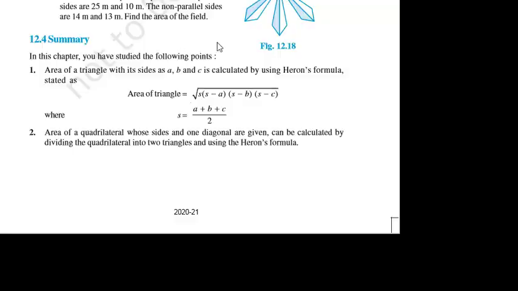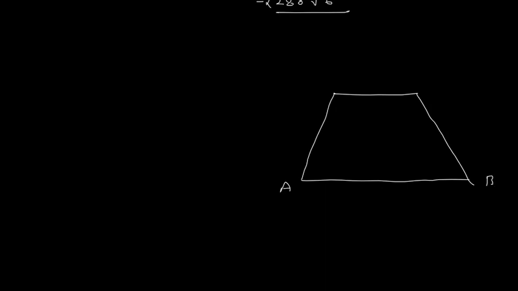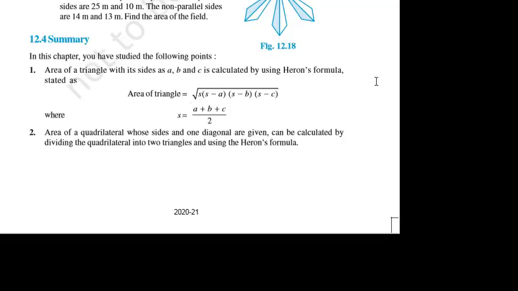So the shape of the field is a trapezium. So it is something like this. A, B, C and D. Dimensions here are 10, 25, and 13 and 14.